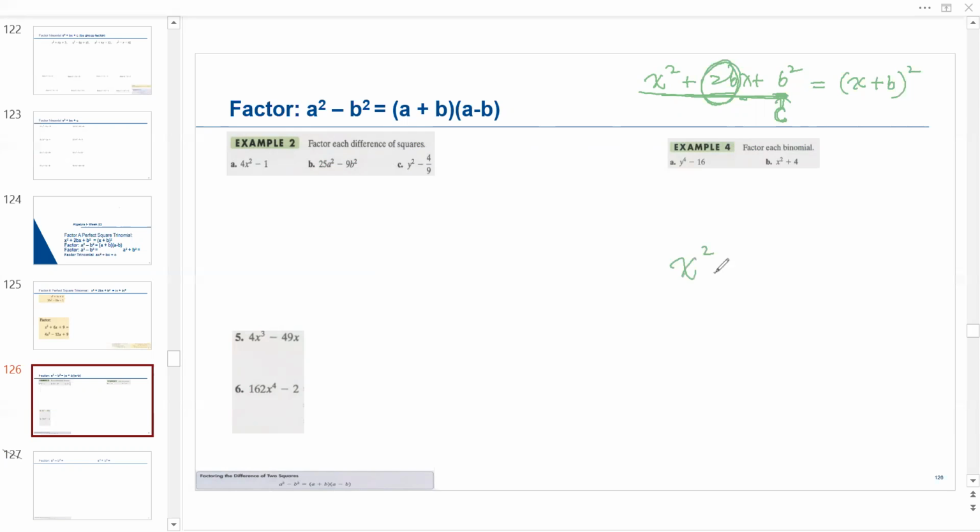Something like x squared minus 8x plus 16. You can see this is 4 squared, and also negative 4 squared. So this one can quickly be transformed into (x - 4) squared. Something like here, you can see this is 49. Everyone can quickly remember 49 is 7 squared, and negative 7 squared as well, equal to 49.